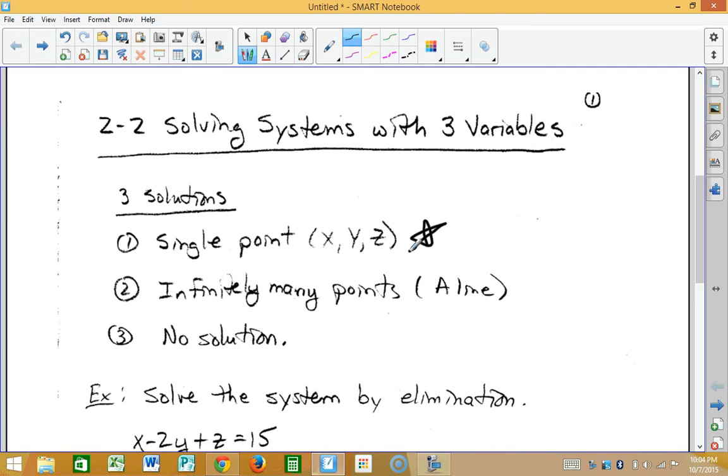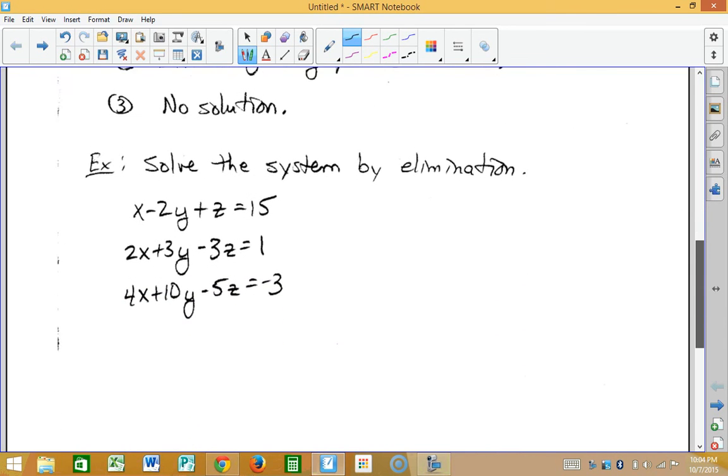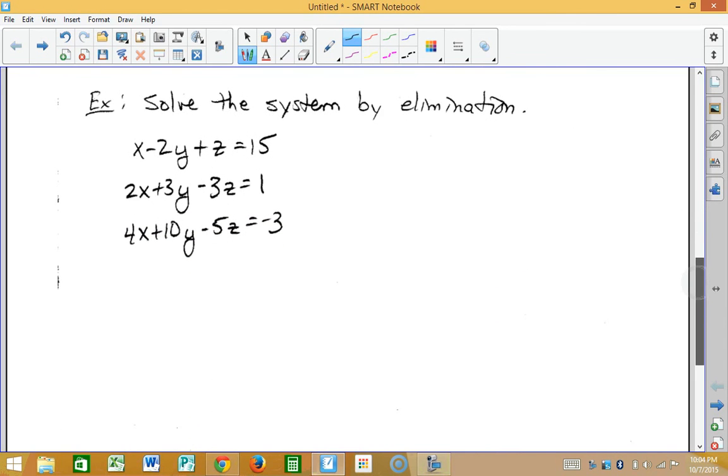And there's a couple different ways you could solve three variable systems. We're going to focus in on, I think, the easiest of those, and that's the elimination method. You could also use substitution, but boy, when you are solving for a single x or y, or in this case z, since now we have three variable system, it could get very, very cumbersome using the substitution method.